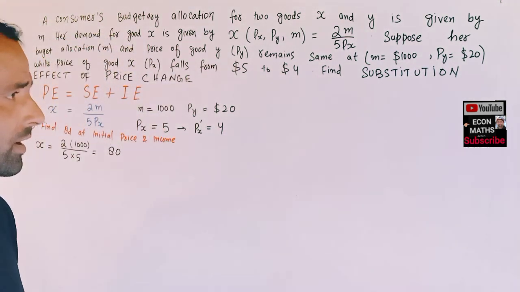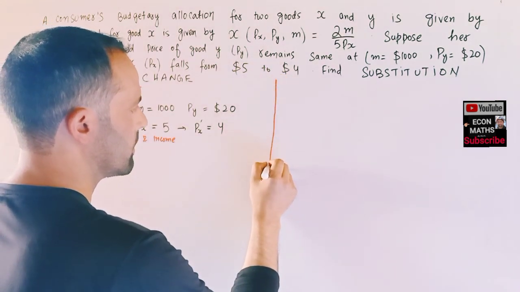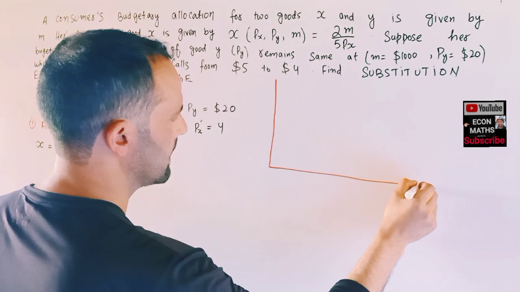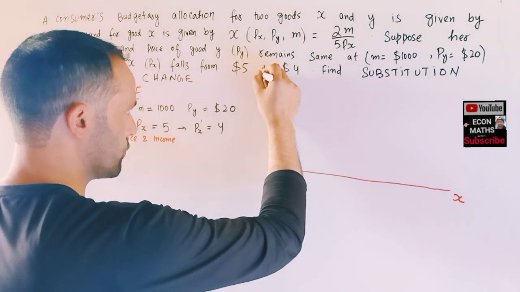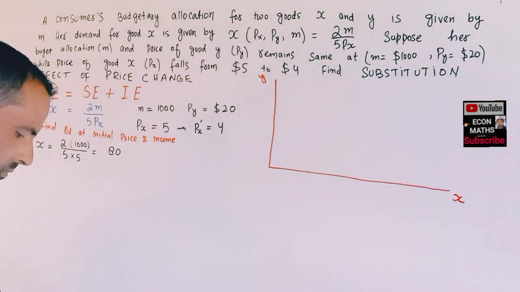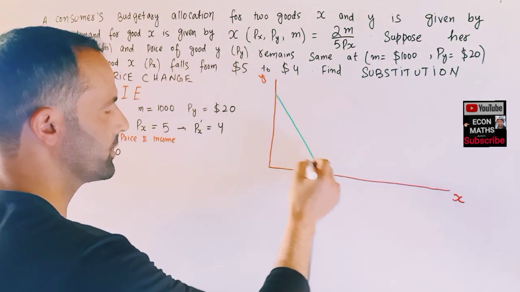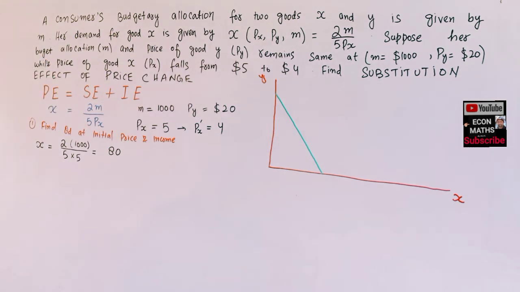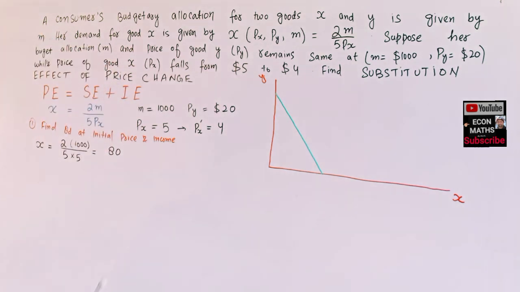And let's draw the graph to make it more understandable. Let us say we have good X on the horizontal axis and good Y on the vertical axis. Let's draw the initial budget. Let us say this is our initial budget line. The consumer will be trying to maximize his satisfaction here, obviously.